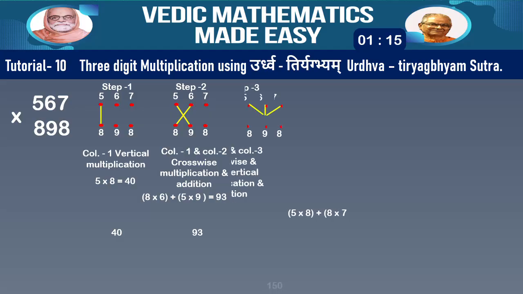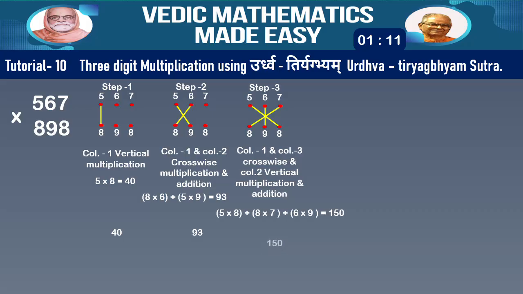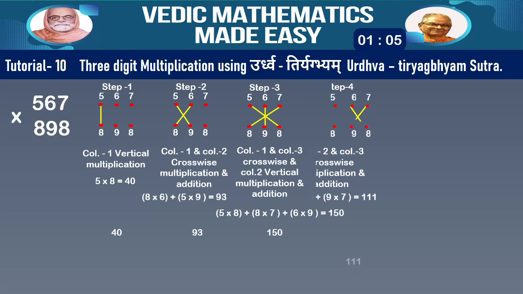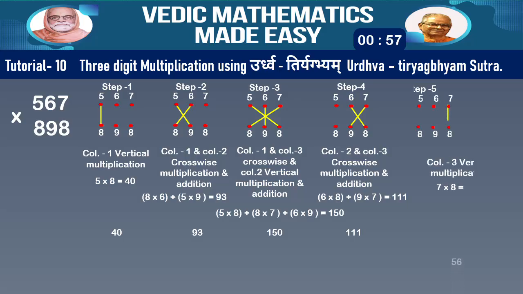Step 3 gives 5 into 8 plus 8 into 7 plus 6 into 9 is equal to 150. Step 4 gives 6 into 8 plus 9 into 7 is equal to 111. And step 5 gives 7 into 8 is equal to 56.